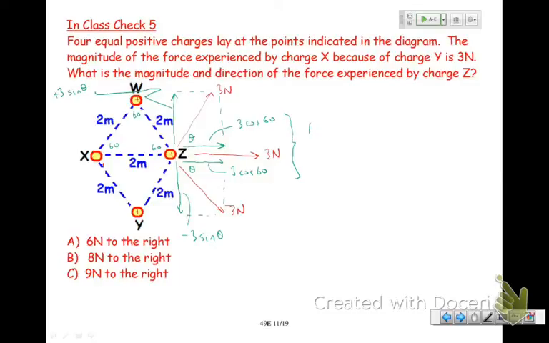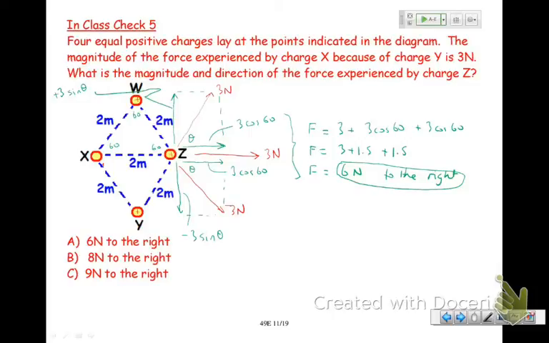So my magnitude is equal to 3 plus 3 cosine 60 plus 3 cosine 60, which is 3 plus 1.5 plus 1.5. So my force is going to equal 6 newtons, and it's pointing to the right. So it would be answer A.